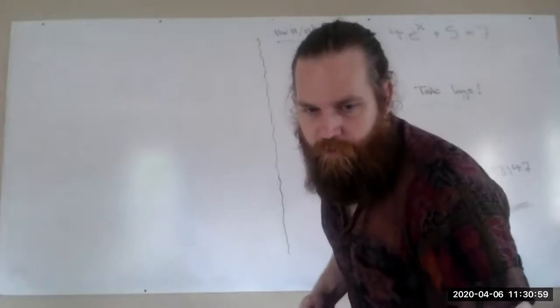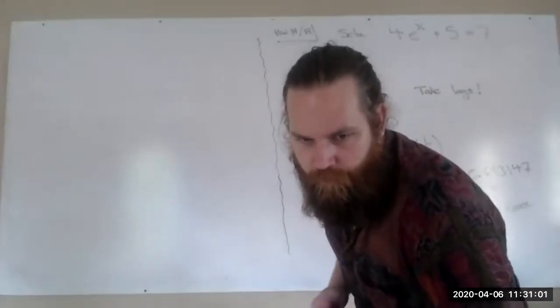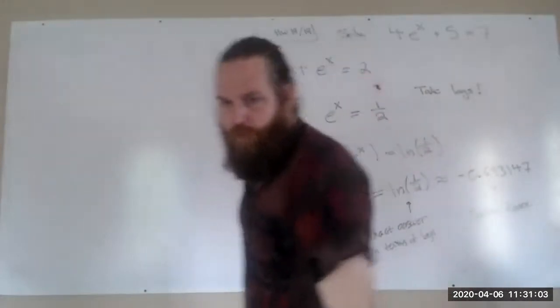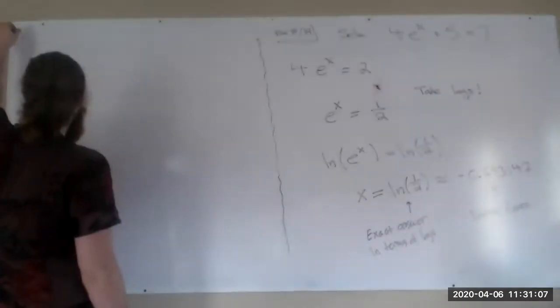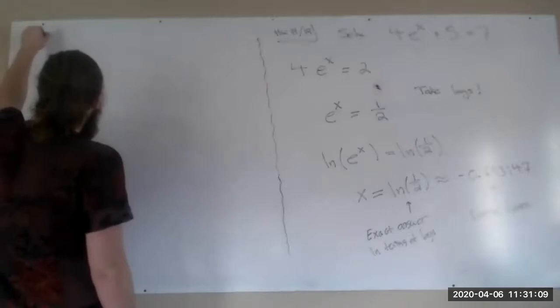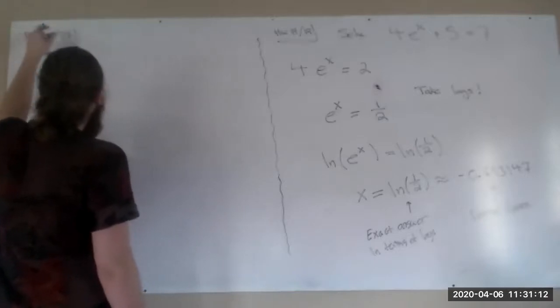So we say that a substance consists of C grams, and it grows at the continuous rate of 17.3% per year. This is homework 19, question 22.